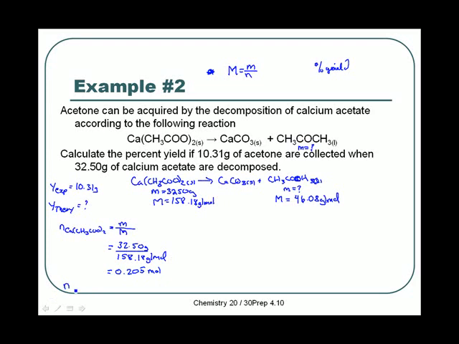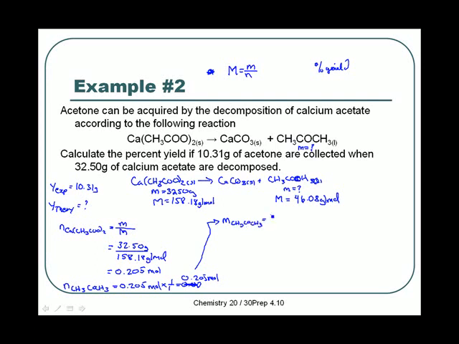And we know that the number of moles of CH3COCH3 is going to be equal to 0.205 moles times 1 over 1. So it's going to be the same, 0.205 moles.